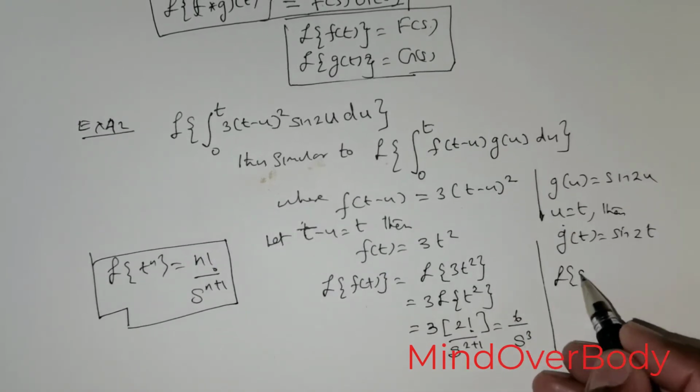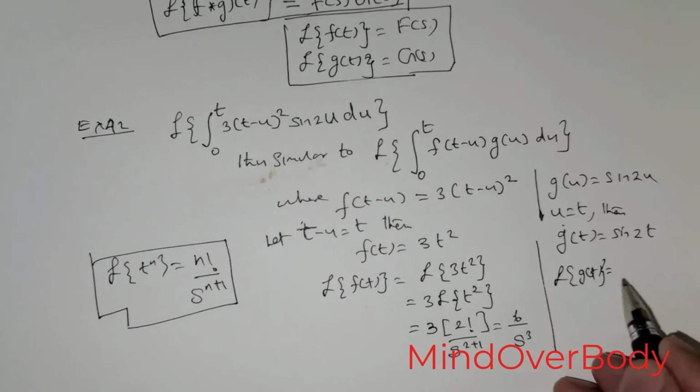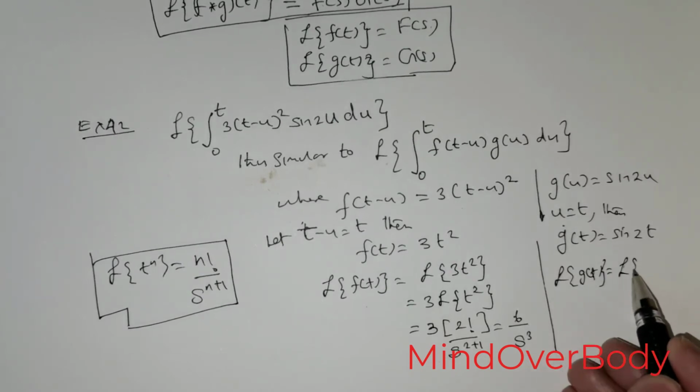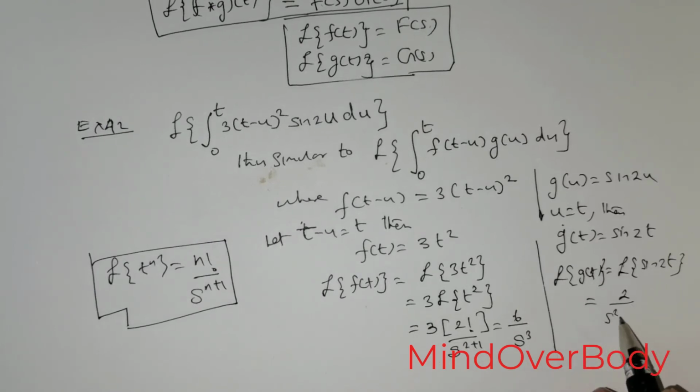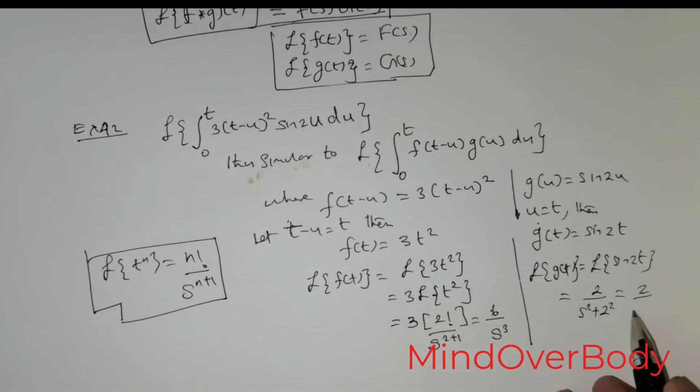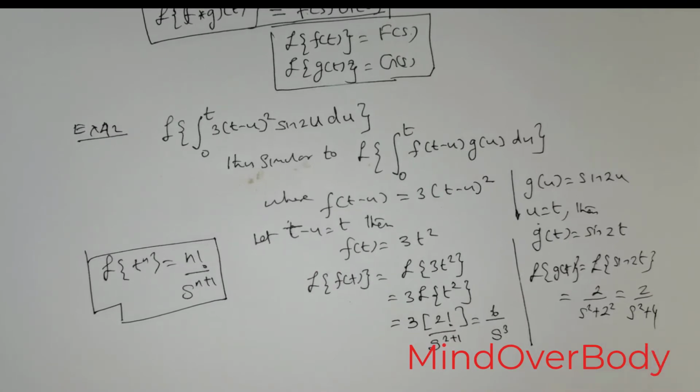So the Laplace transform of g of t in this case is the Laplace transform of sine 2t, which is equal to 2 over s squared plus 2 squared, which is 2 over s squared plus 4.